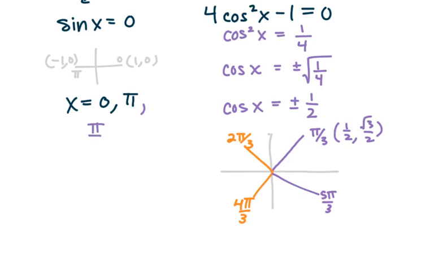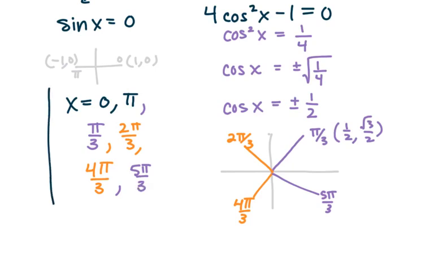I've got pi over 3, 2 pi over 3, 4 pi over 3, and 5 pi over 3. We have 6 solutions that will satisfy the original equation between 0 and 2 pi.